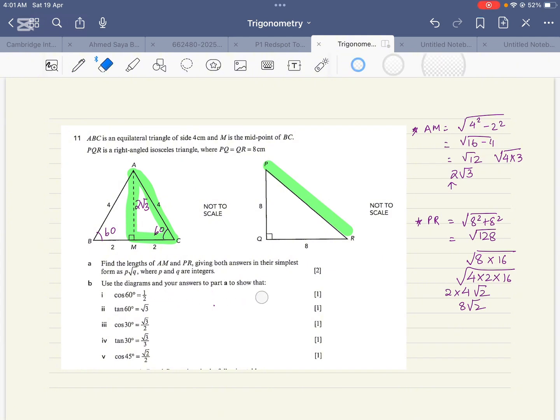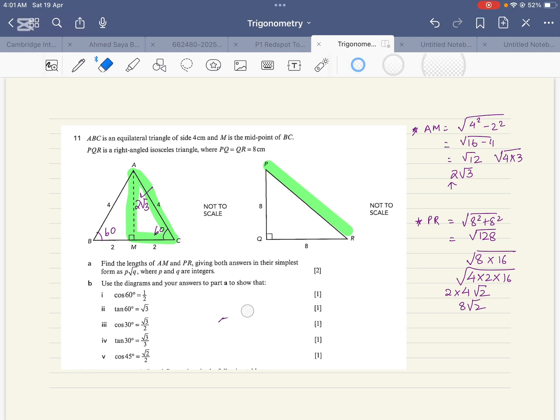Second one is tan 60 is root 3. So tan 60 is equal to perpendicular over base, which is root 3.